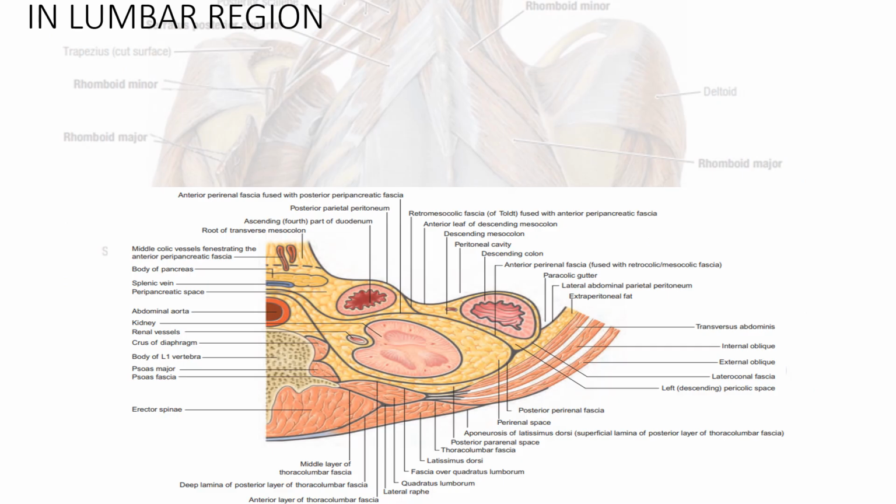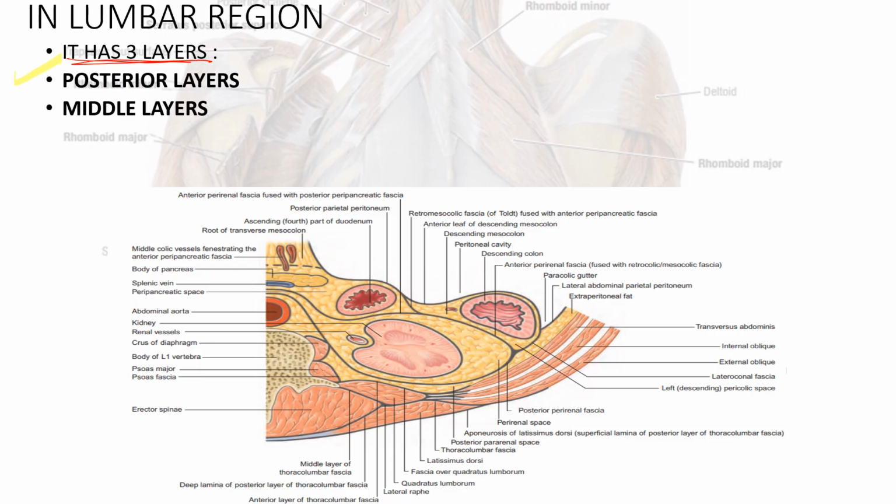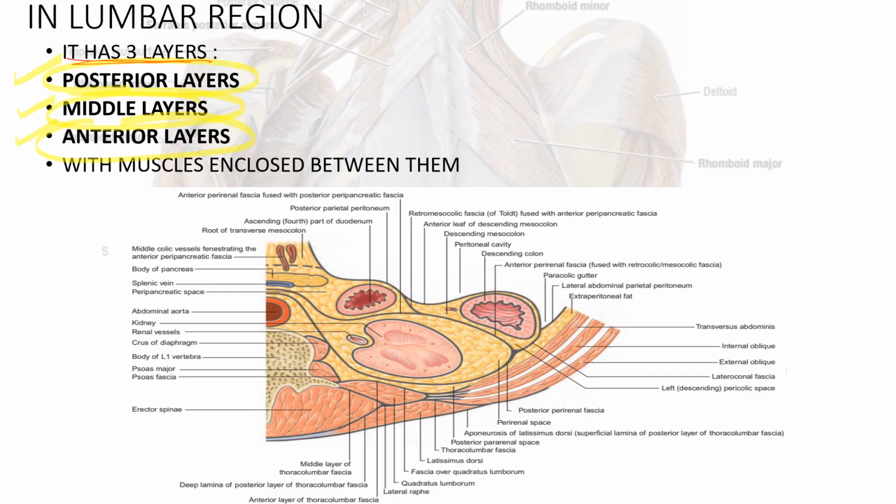In lumbar region, this thoracolumbar fascia is composed of 3 layers. Students, in lumbar region there are 3 layers. Going from posterior, first is the posterior layer, second the middle layer, third the anterior layer. So these are 3 layers in lumbar region. In thoracic region there was a single layer that we discussed, but in lumbar, if I go from the posterior aspect, we have the 3 layers.